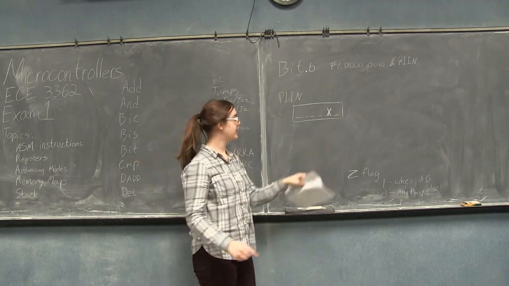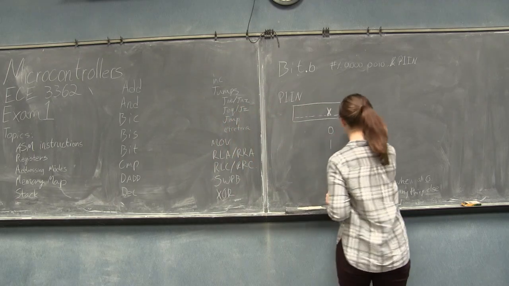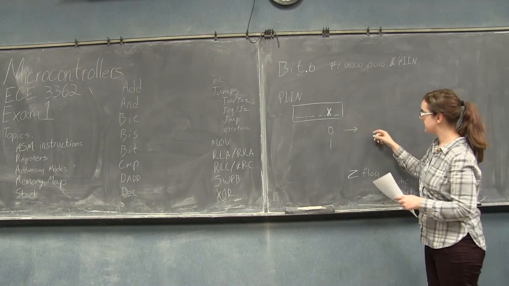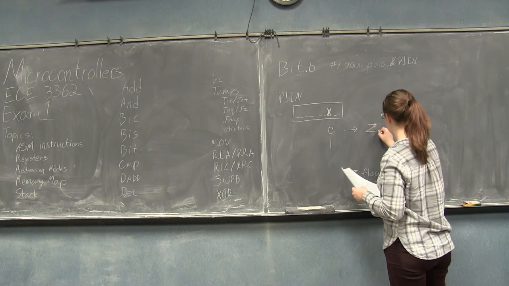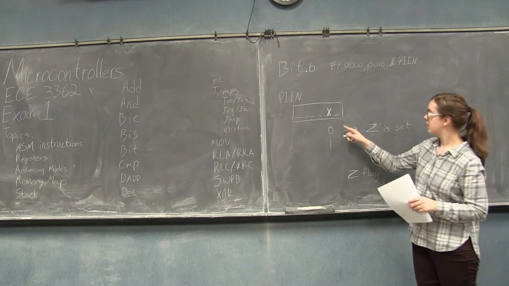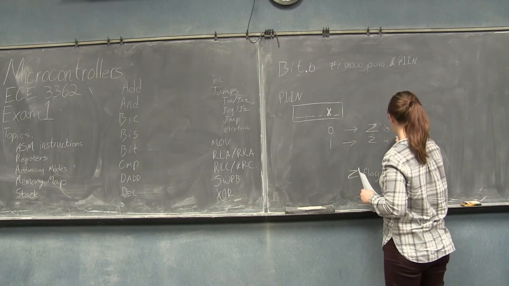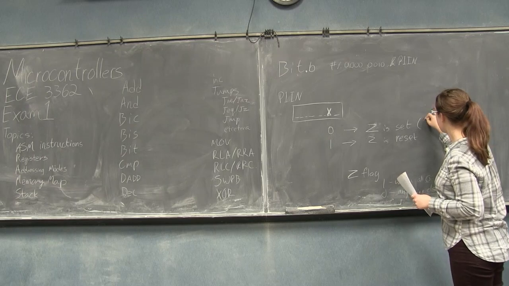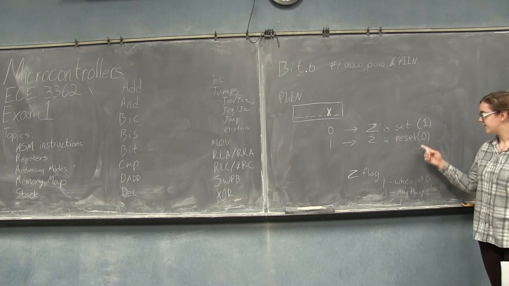Now, depending on the value of this bit, if this bit is a 0, bit testing it will set Z. But if this bit right here, in port 1 input, is a 1, Z is reset, which means that it's a logic 1.